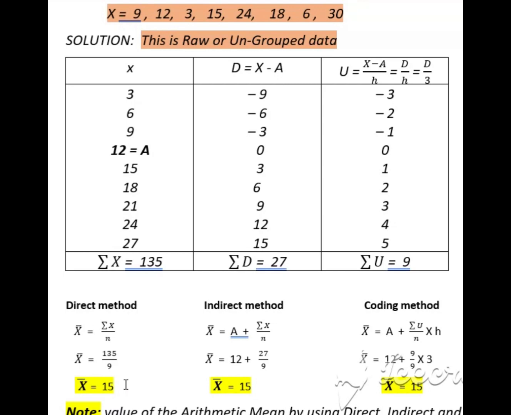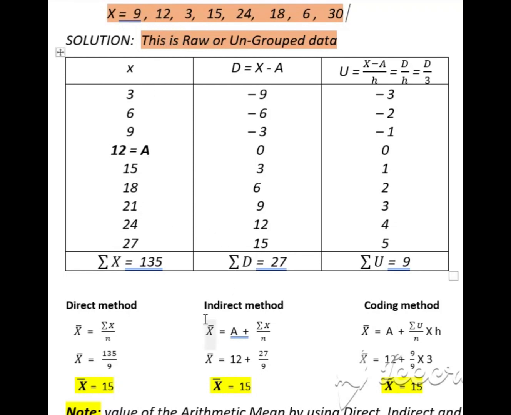This is the arithmetic mean for direct method, and the data is ungrouped data. Ungrouped data means there are no frequencies given, only the x numbers are given.